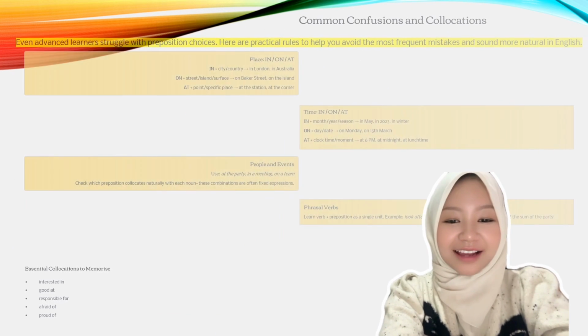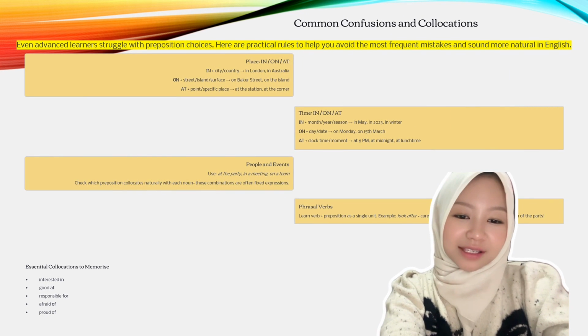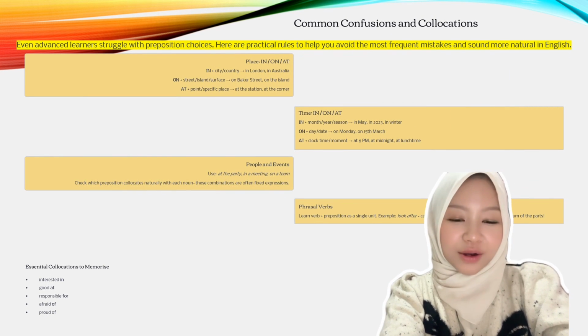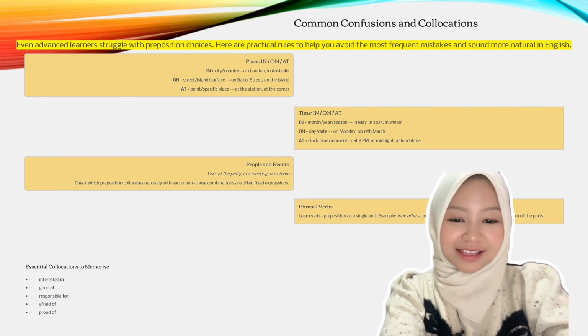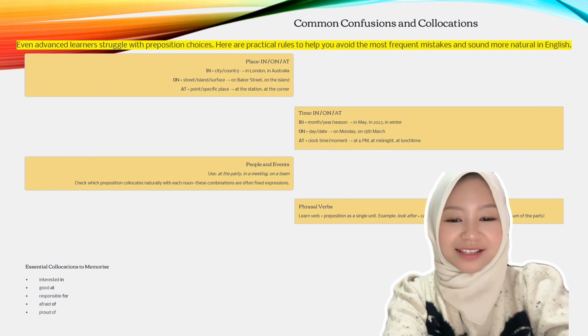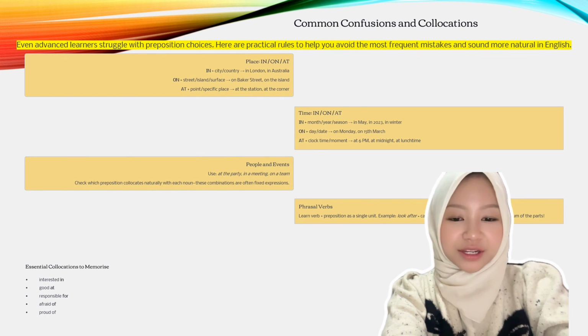And on the next slide, many learners mix up in, on, and at, especially when translating word by word. A simple guide is in for bigger areas, on for surfaces or days, and at for exact points.